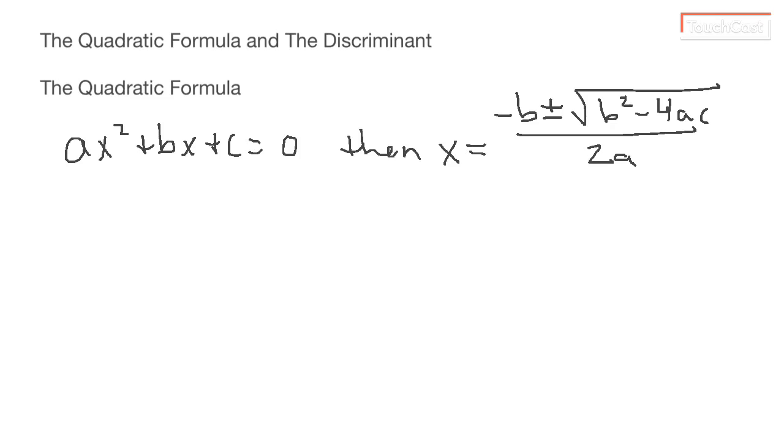So instead of factoring, instead of completing the square, instead of all those other methods we've learned, we can use this quadratic formula. This will work all the time. Let's look at an example.